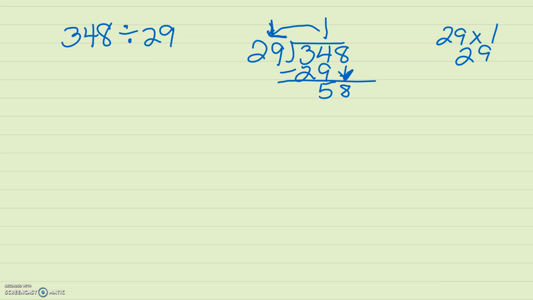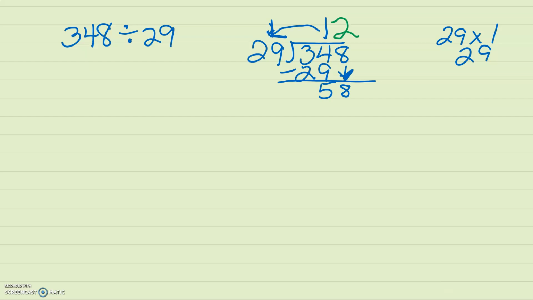How many times can 29 go into 58? Well, 29 times 1 is 29, we already know. And 29 is close to 30, and 58 is close to 60. So how many times would 30 go into 60? 30 times 2 is 60, so let's try 2.